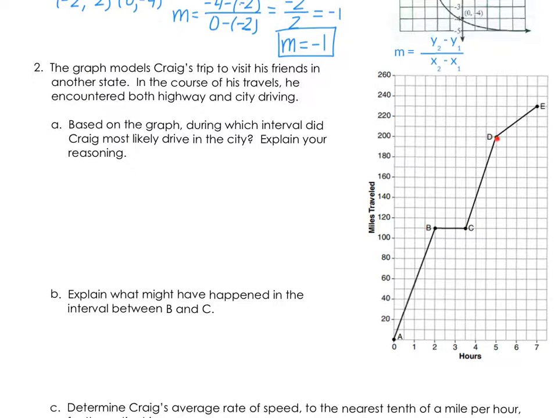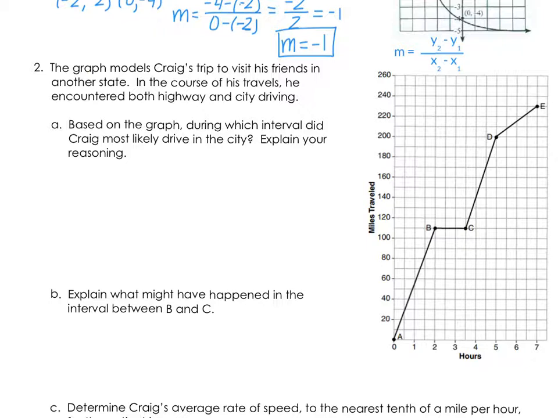But then if I look at this last part, D to E, I can see that in a time from 5 to 7 hours, so 2 hours, he's only driven from 200 to 230 miles. So he's only driven about 30 miles. I'm going to say that this is probably city driving, which is a lot of traffic, not a highway, not going very fast over a period of time. So that's probably where he was driving in the city.